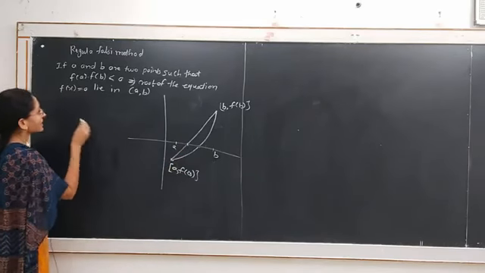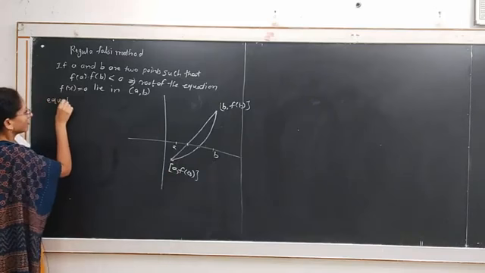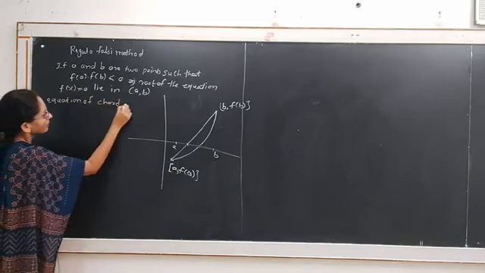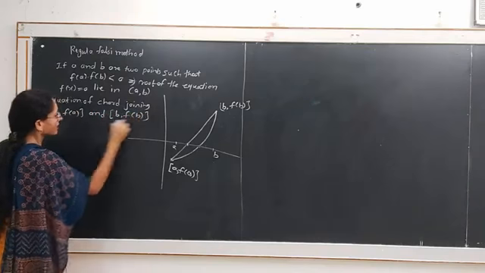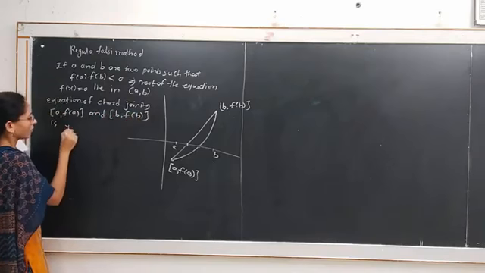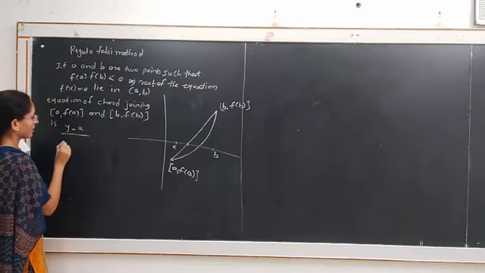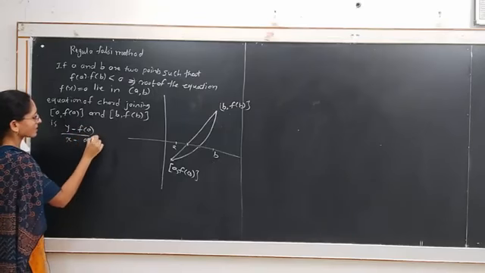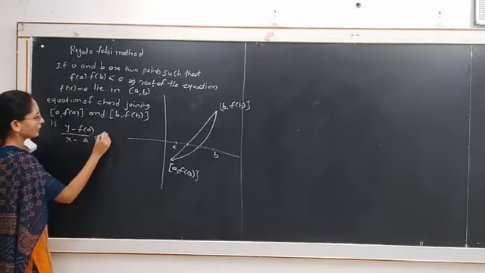The equation of the chord joining the points a, f of a and b, f of b is given by y minus f of a upon x minus a equal to f of b minus f of a upon b minus a.